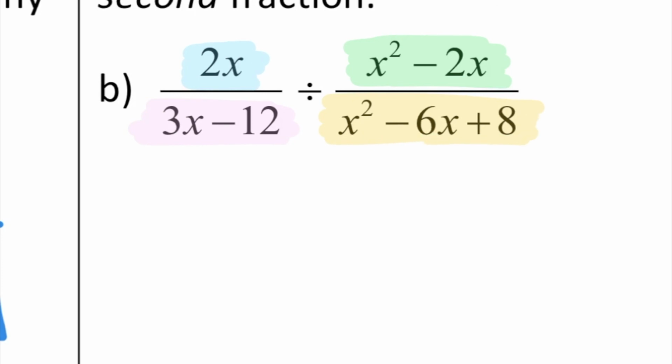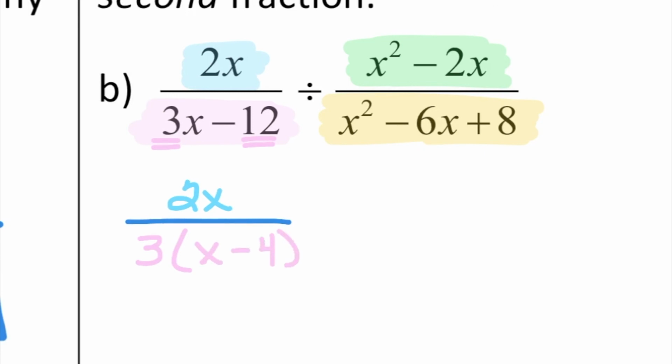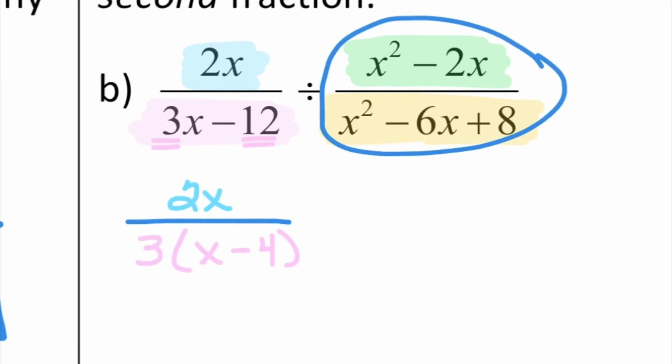And so in this first fraction, leave the 2x like it is. Then there's a GCF of 3 in the first denominator, so that's going to be 3 times x minus 4. And now remember that you're going to flip the second fraction.